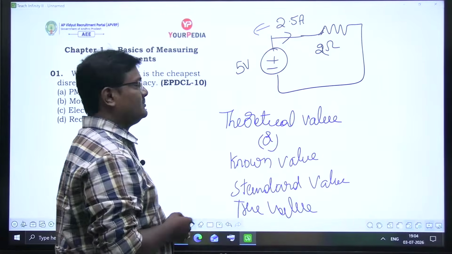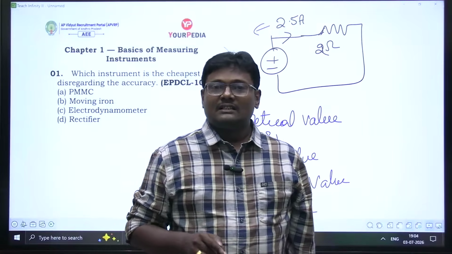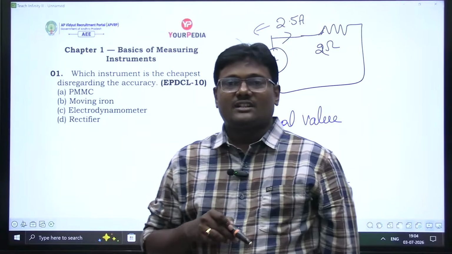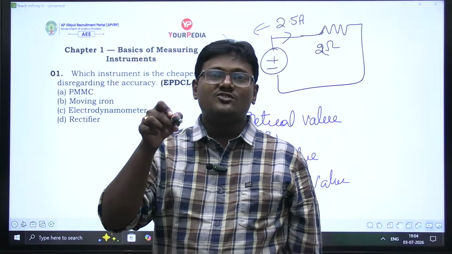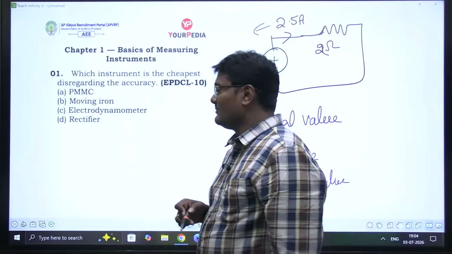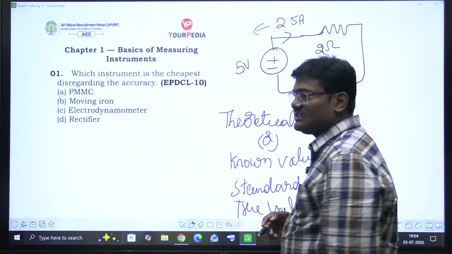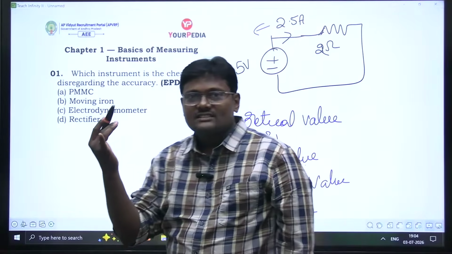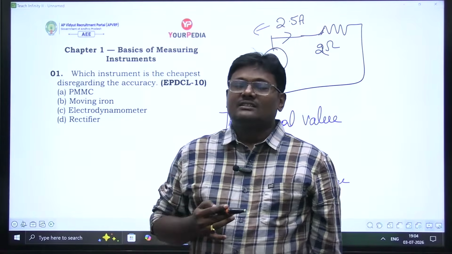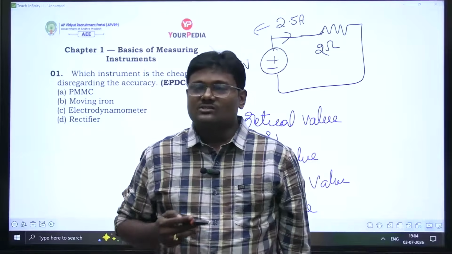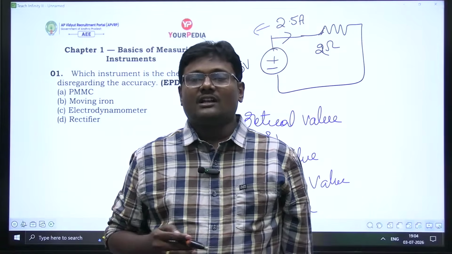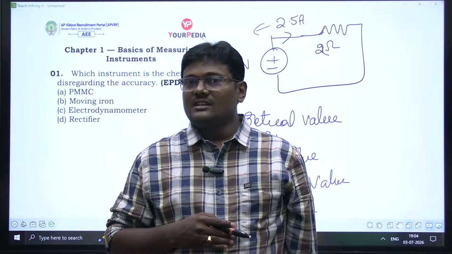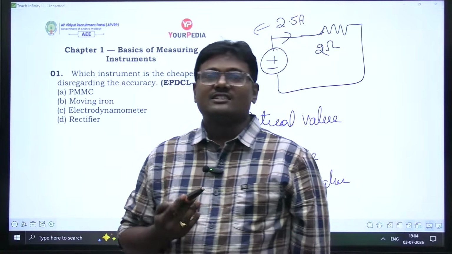The instruments which are connected to measure the voltage are called the voltmeter. The instrument which measures the current is called the ammeter. The instrument which measures the power is called the wattmeter. The instrument which measures the energy is called the energy meter.